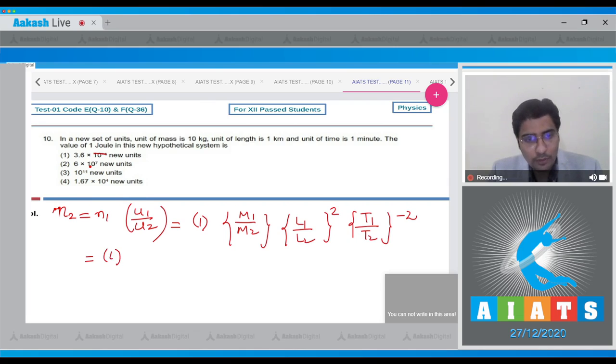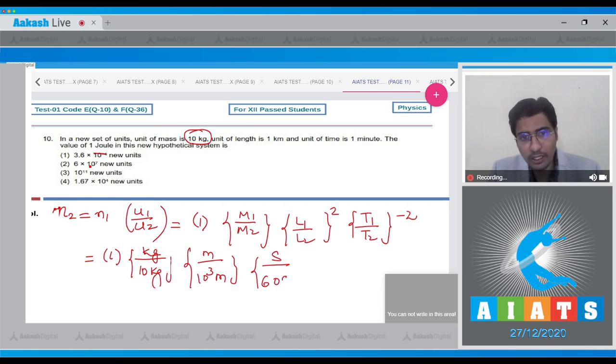So this will be equal to 1, and the given quantities as per the new system of units are: the unit of mass is taken as 10 kg, so we introduce here 10 kg. The unit of length is 1 kilometer, so we introduce 1 kilometer here. 1 kilometer will be equal to 10 raised to power 3 meters, and the unit of time is given as 1 minute, that will be 60 seconds. Here there is power 2.